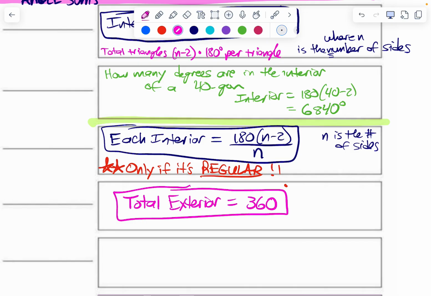Before we do that, let's just sketch some hexagon, and remind yourself what an exterior angle is.